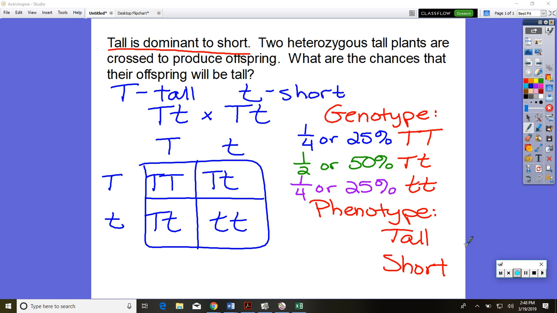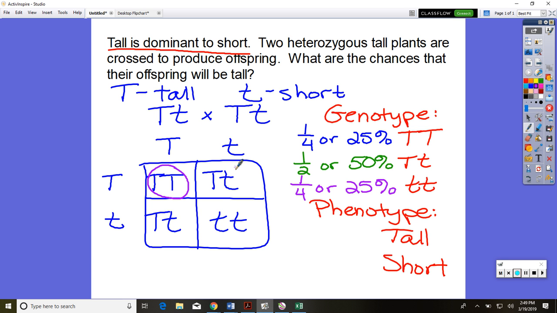Now that we've finished with the genotypes, we can look at the phenotypes. The two phenotype options are tall and short. So as I look at the phenotypes, since tall is dominant to short, it tells us that in the question. That means any offspring that have a capital letter, a dominant letter, will be tall. So I see one offspring here that has a capital letter.